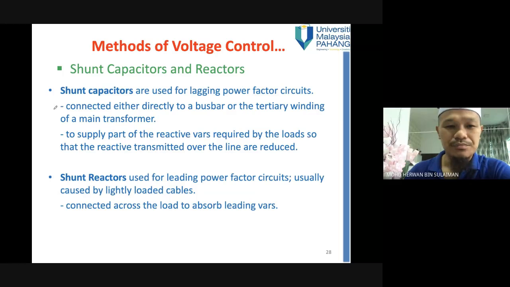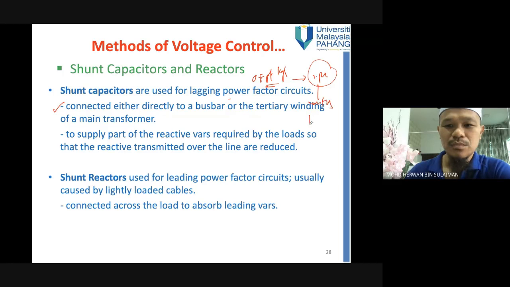This is due to lagging power factor. When we have a lagging power factor circuit, we want to improve from the lagging power factor to unity power factor. Let's say your power factor is 0.8 lagging, and you want to improve from 0.8 to 1 per unit, or unity power factor.